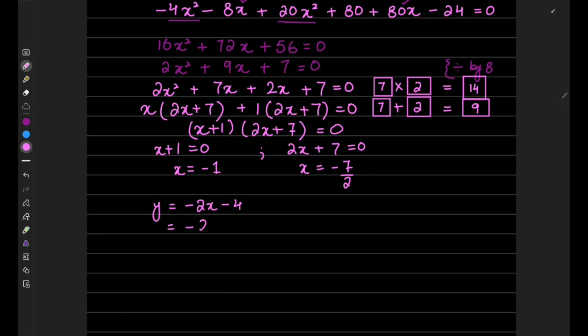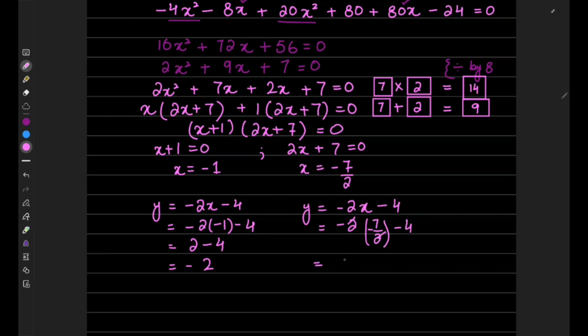It will give you -2 times -1 minus 4, which is 2 minus 4, that is -2. And again for the other value, -2 times -7/2 minus 4 gives you 7 minus 4, that is 3.